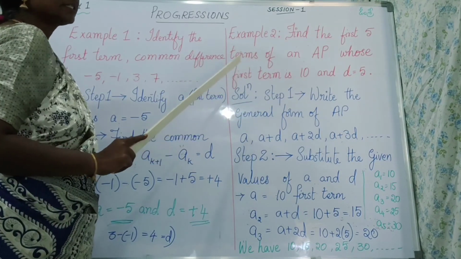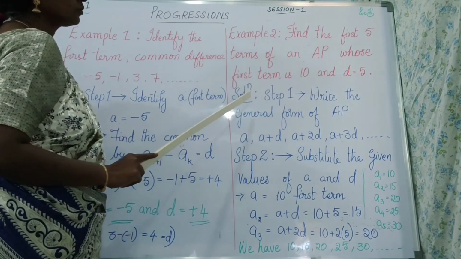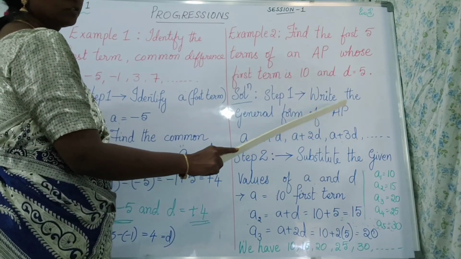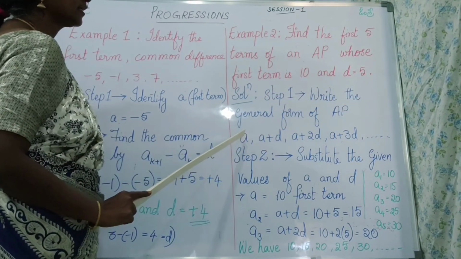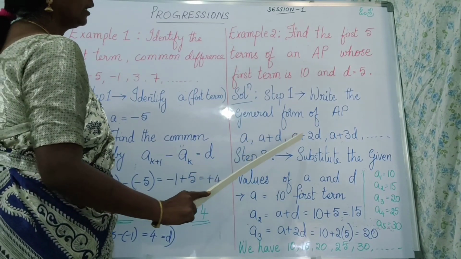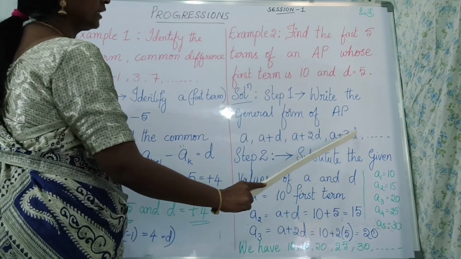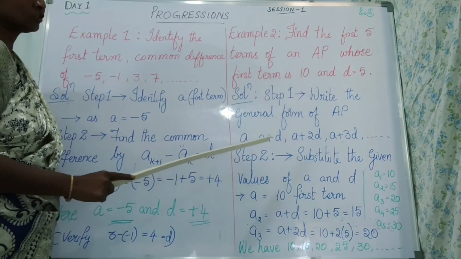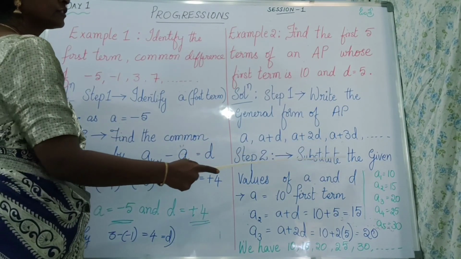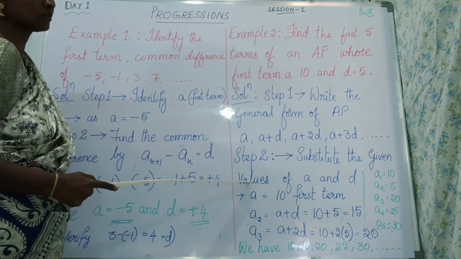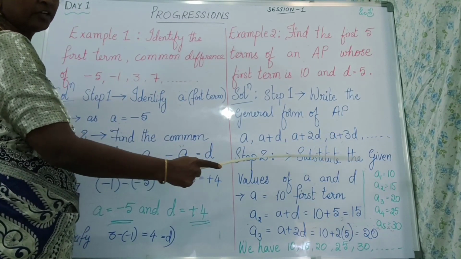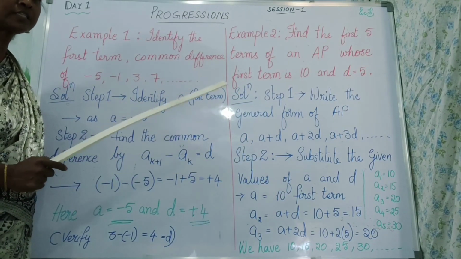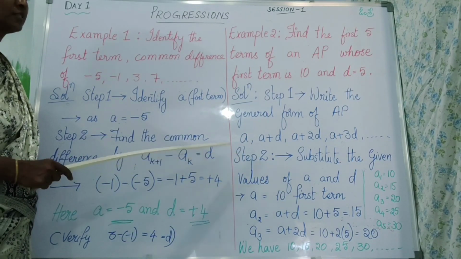Now the steps. Step 1 for the solution is writing the general form of an AP. The general form of an AP is a, a plus d, a plus 2d, a plus 3d, and so on. In the second step, what you have to do now is substitute the given values of a and d in order to find the first five terms of the series.